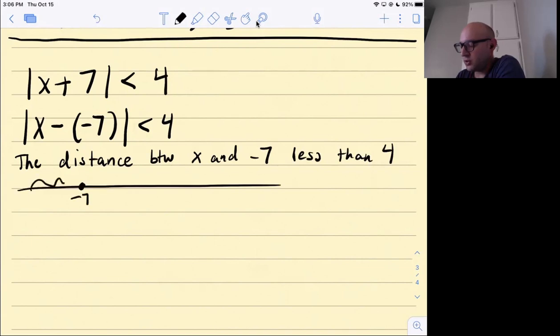We go 4 over to the right. That's going to be -11. And 4 over to the, oh, that's 4 to the left, sorry. 4 to the right would be -3. So that tells us that x is in -11, comma, -3.